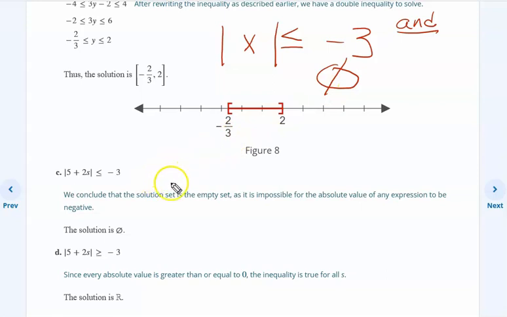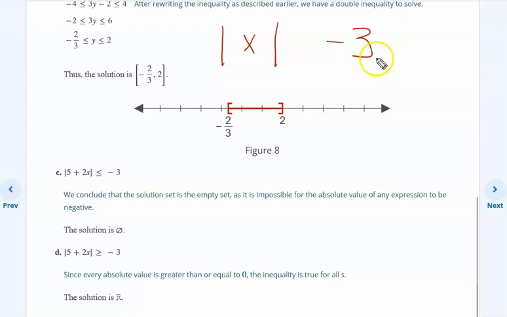But if, and this is critical, just have to study this. I'll erase this. And we're looking at D now. This is greater than or equal to, and this is an or, which is a disjunction.